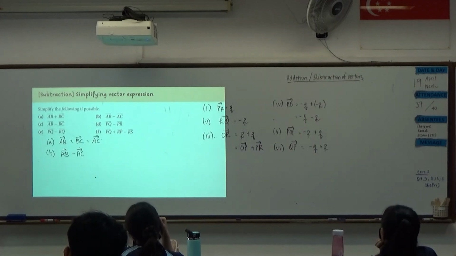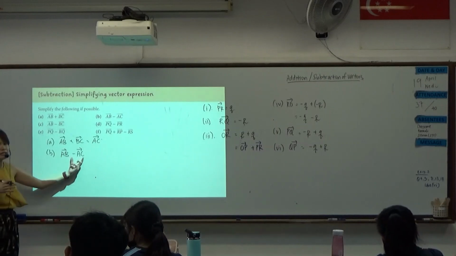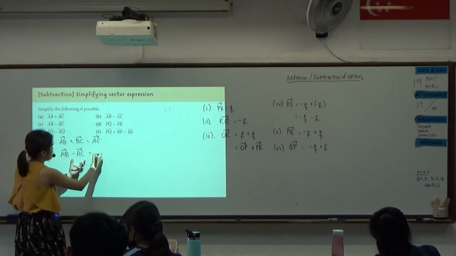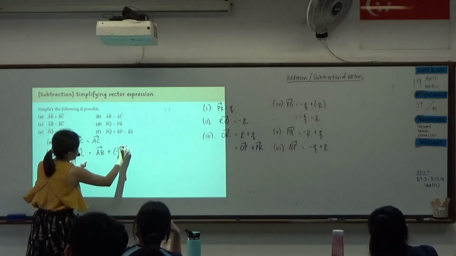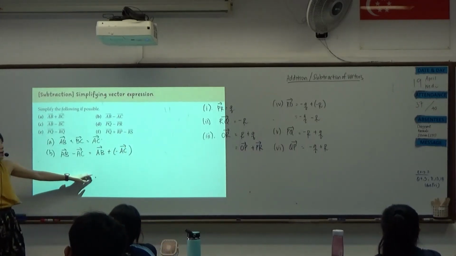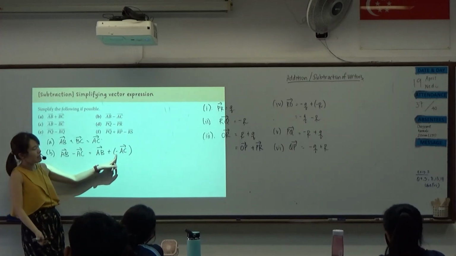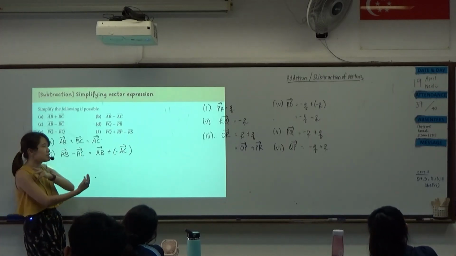Like I mentioned, I always think about things in addition. So when we see negative AC, I want you to see it as though it is AB plus negative AC. And with negative AC, the implication of negative is that it changes direction.